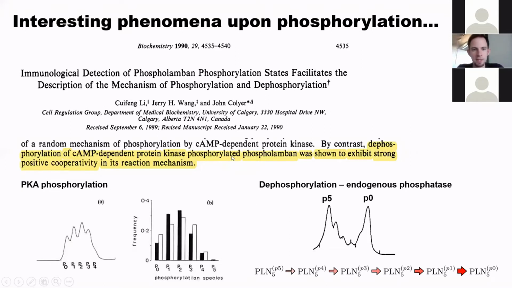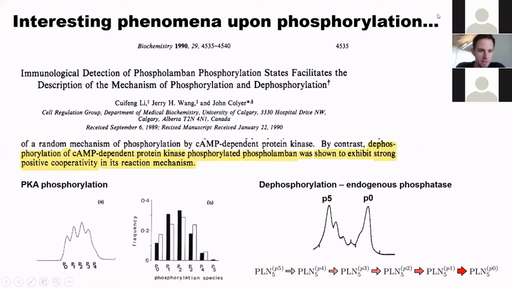In particular, it suggests that the more phosphate groups you remove from a pentamer, the faster the rate of removal for the next phosphate group will be. So over time, the more phosphate groups you remove, the faster this reaction becomes. So it's strongly positively cooperative.